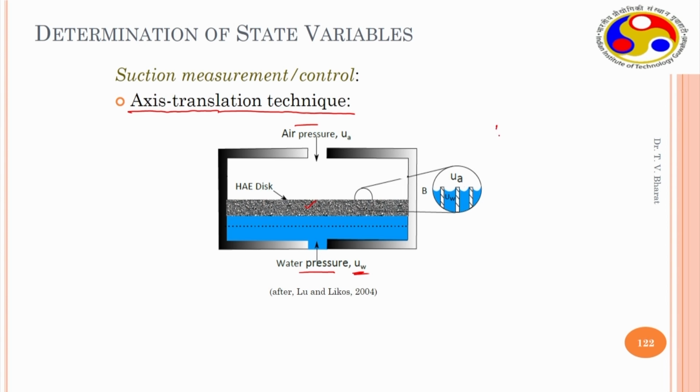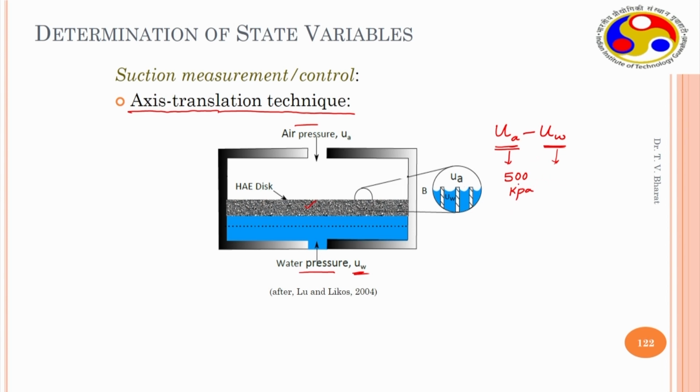So, then if you see your UA minus UW, UA is positive because you are maintaining very high values, maybe 500 kilopascal, at air pressure, and UW is maybe 0, which is equal to atmospheric pressure at gauge values.